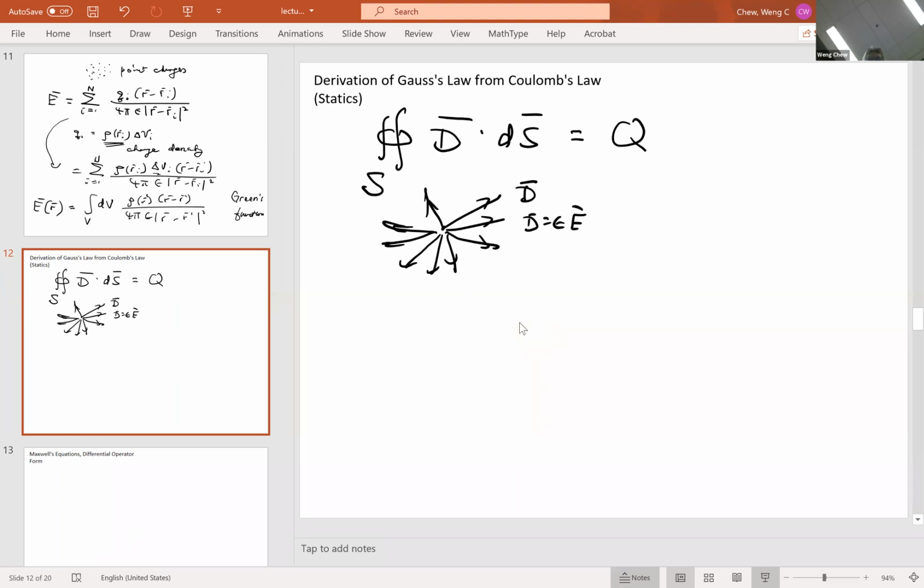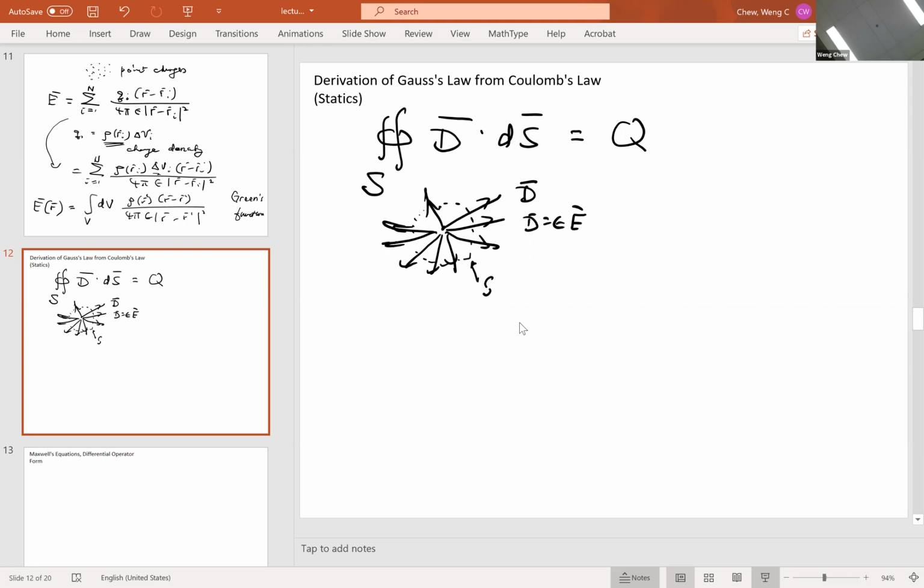If I take this and everything is spherically symmetric, as you can see, and I integrate this over a closed surface S, it will be just equal to the flux density on each surface times the area of the sphere surface. And that should be equal to the charge inside. Can you see that?